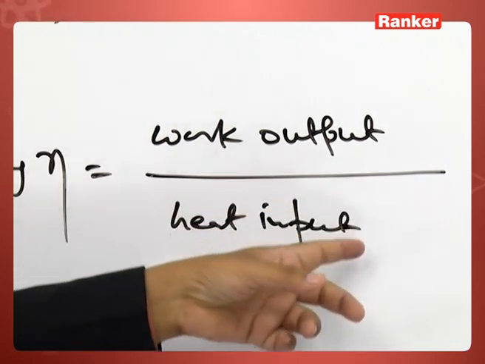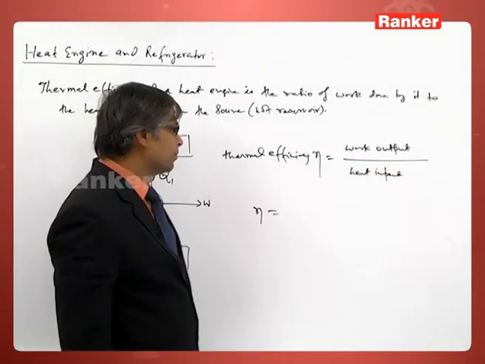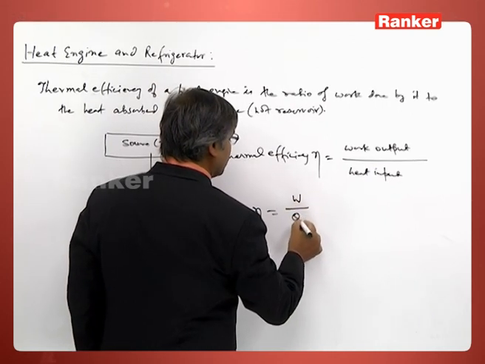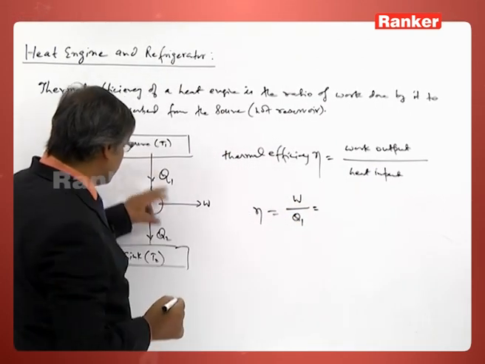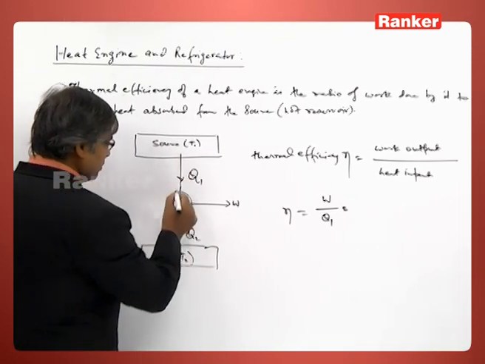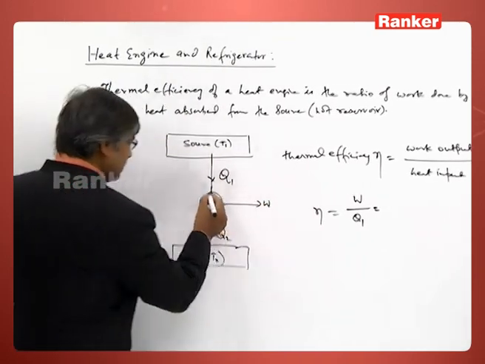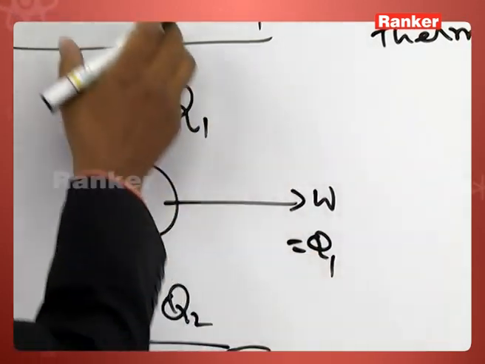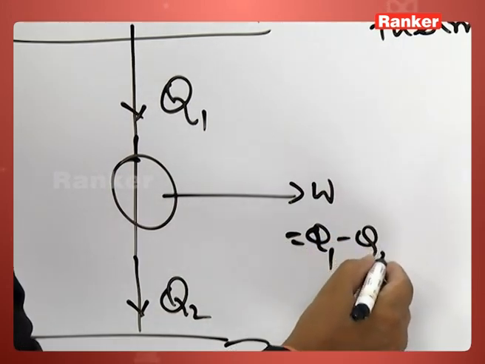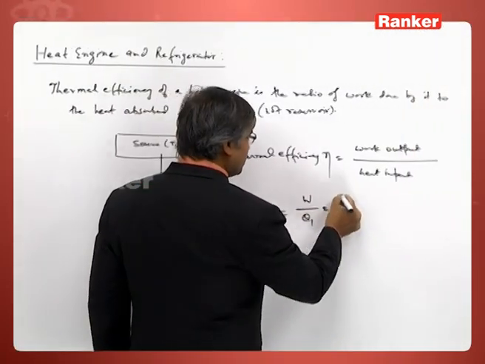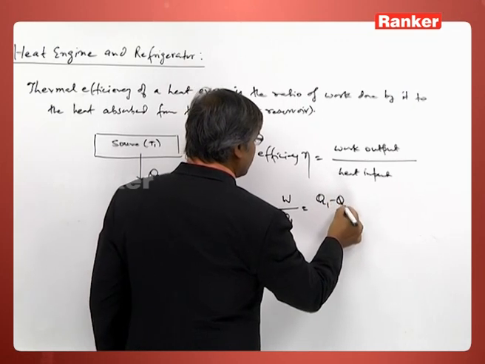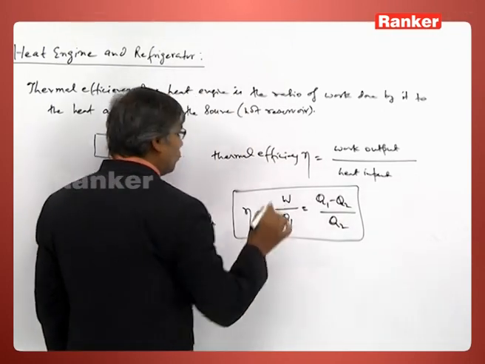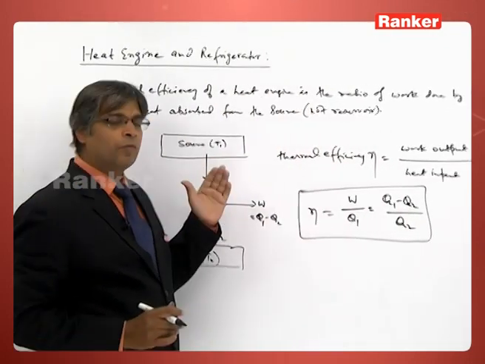How much money we are expending is heat input. So here, work by heat input Q1. Now according to the first law of thermodynamics, this work will be equal to the difference of these two, that is the energy we have taken and how much energy we have lost. So it is Q1 minus Q2 by Q1. This is the expression for the thermal efficiency of a heat engine.